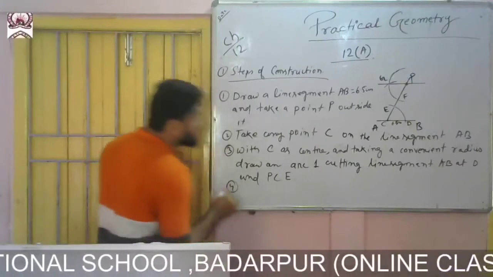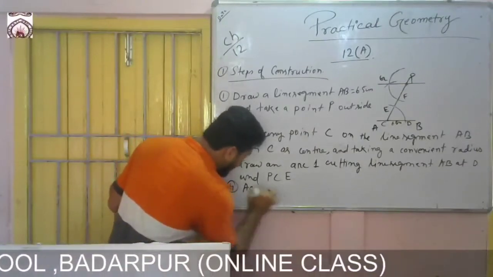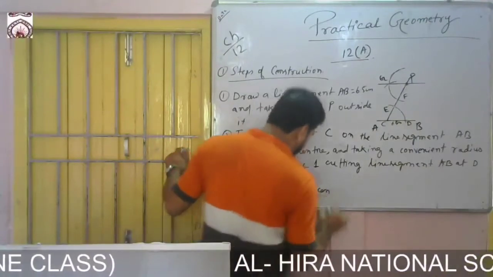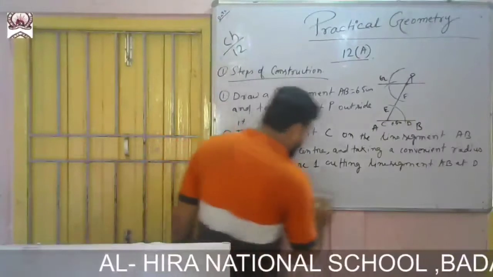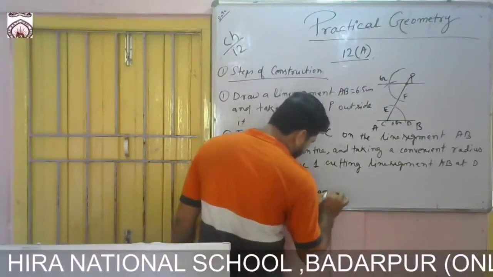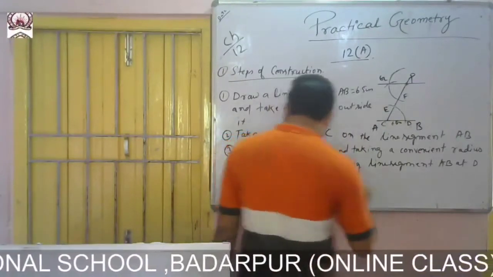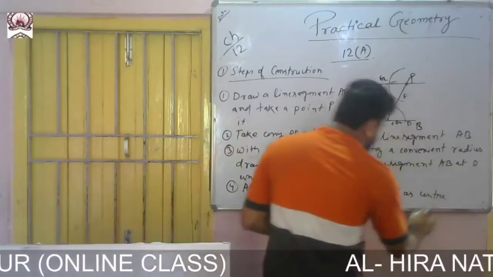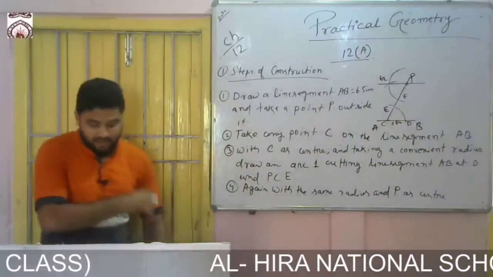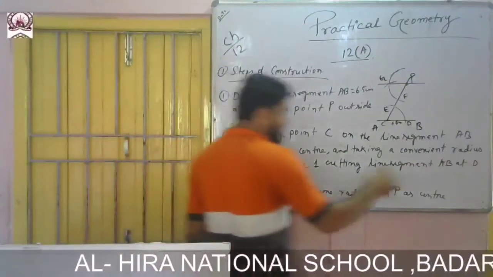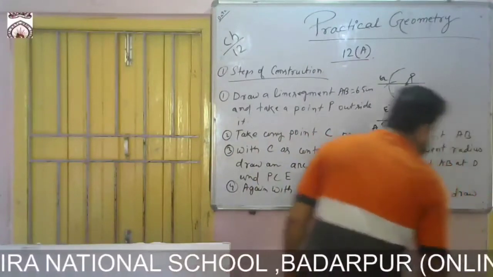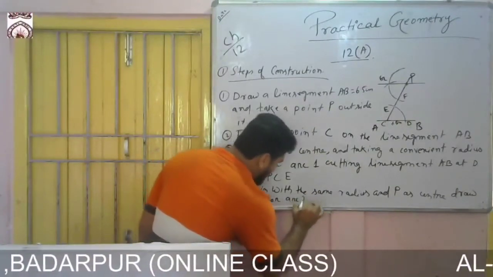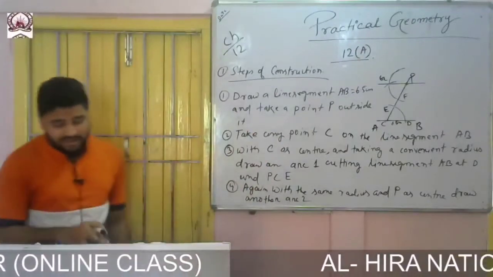Number 4: again with P as center, with the same radius, draw another arc. We give it arc 2.